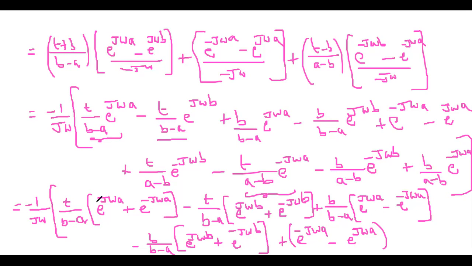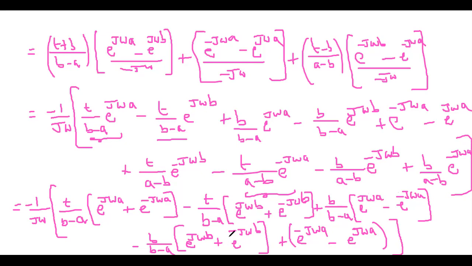Okay. It becomes e power, it is a cos function, and this one is a cos function, and this one is a sine function, and this is a cos function, my dear students. And this is a sine function. Convert all these terms into the cosine functions and the sine functions.